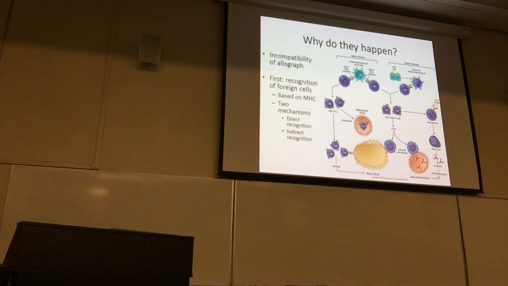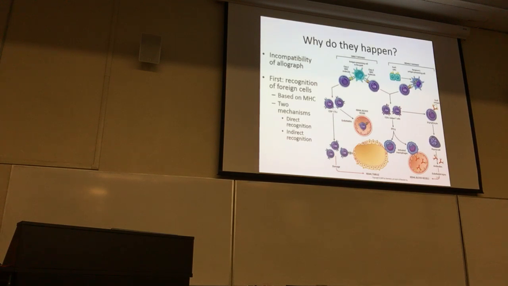In the direct pathway, the antigen presenting cell in the graft is the donor tissue that's coming in, which likely has antigen presenting cells still within it. You don't flush them out before you donate the organ. So that antigen presenting cell is going to be able to present both a class 1 and a class 2 MHC response.